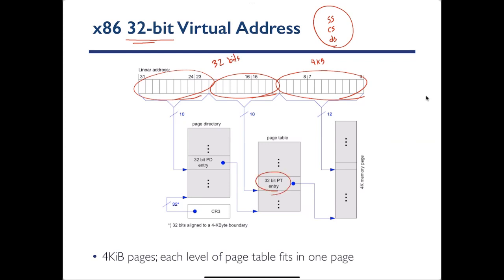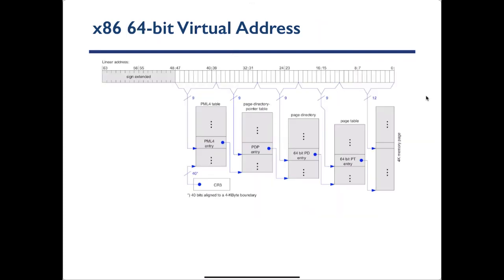Each page table entry is 32 bits. In x86 64-bit, the virtual address, again for 4 kilobyte pages, needs 12 bits for the offset. Then you have 4 levels of page tables instead of 2.